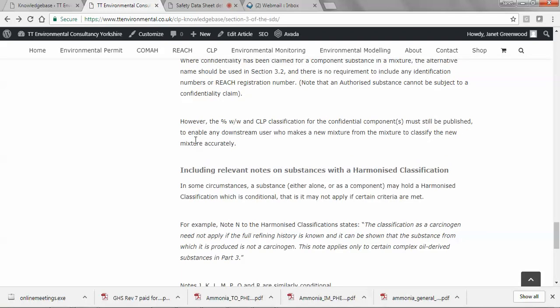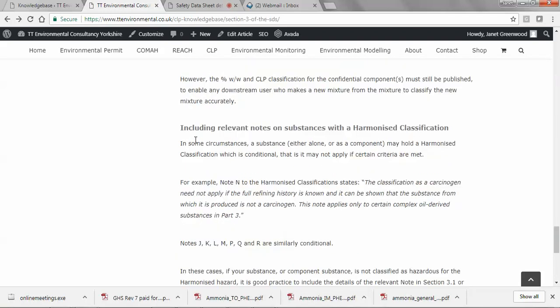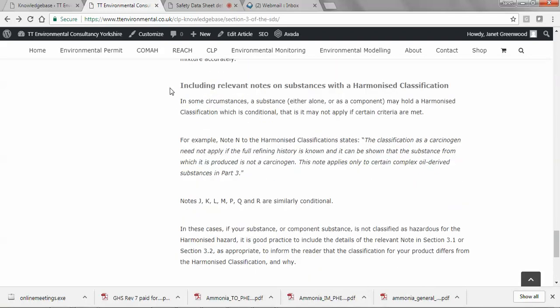Right, carrying on then with harmonized classifications. Where you've got a harmonized classification, you may occasionally have a note, and we've had an example recently where note N, the classification as a carcinogen need not apply if the full refining history is known and it can be shown that the substance from which it is produced is not a carcinogen.